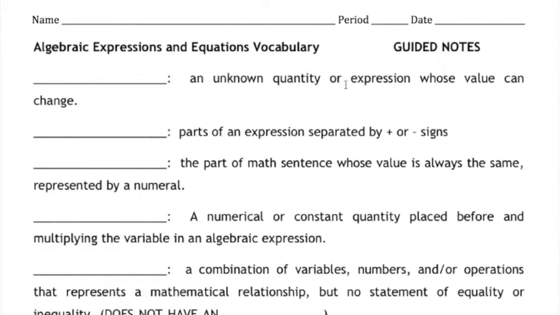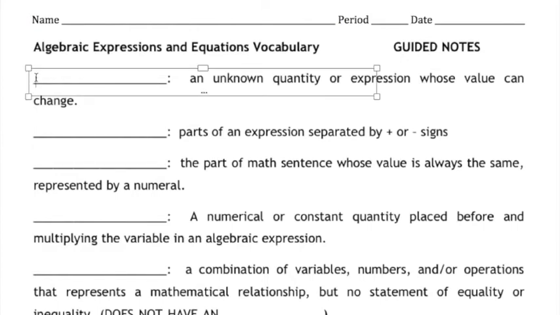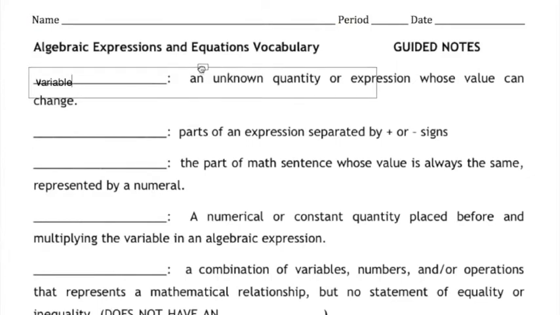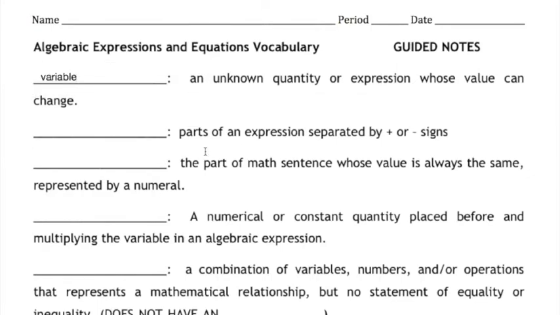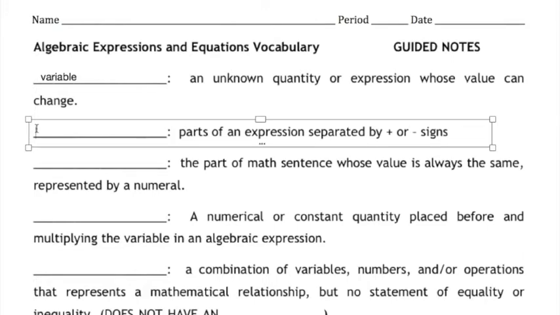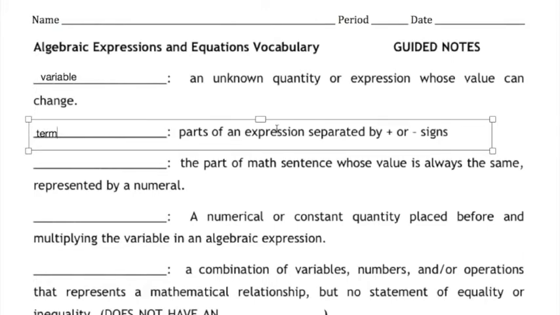An unknown quantity or expression whose value can change. This is a variable. Parts of an expression that are separated by pluses or minuses. We're going to talk about this and see some examples, but this is a term.